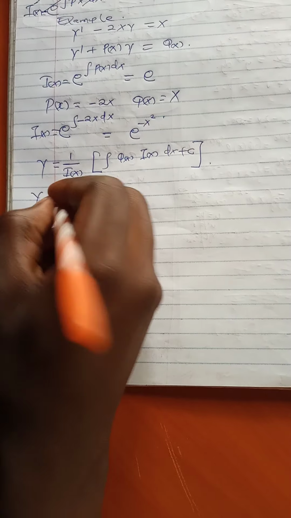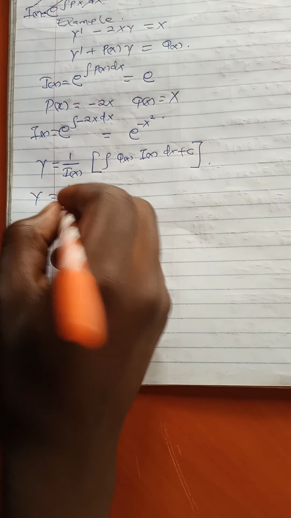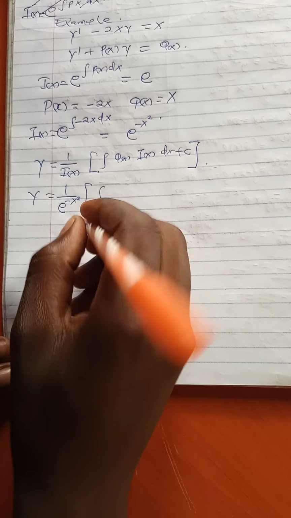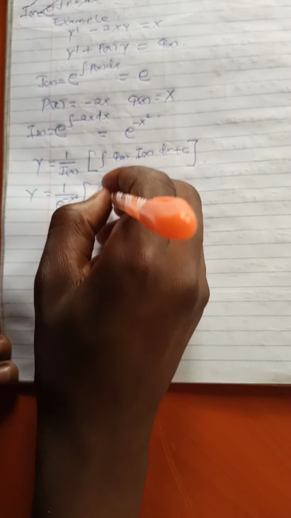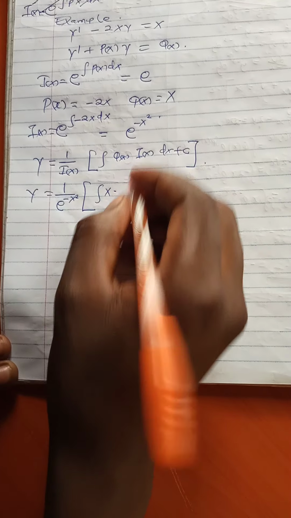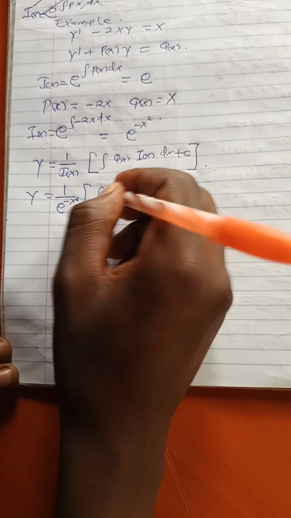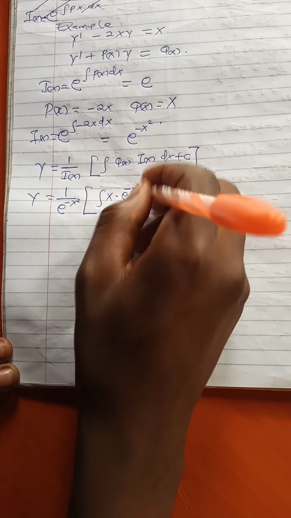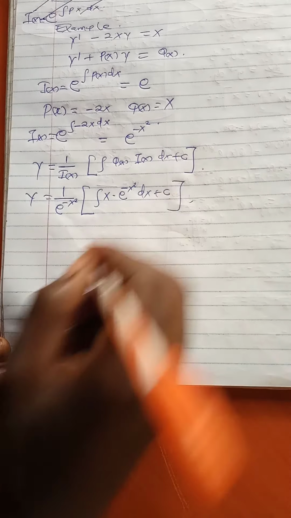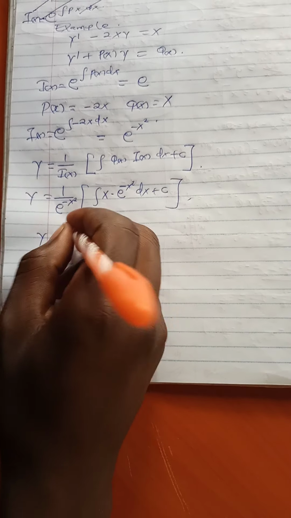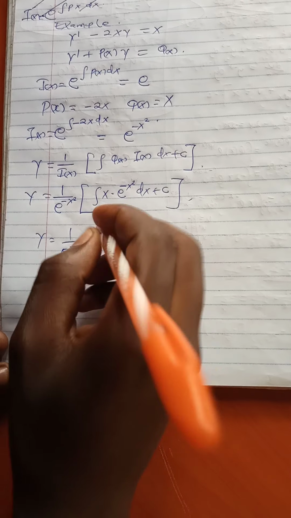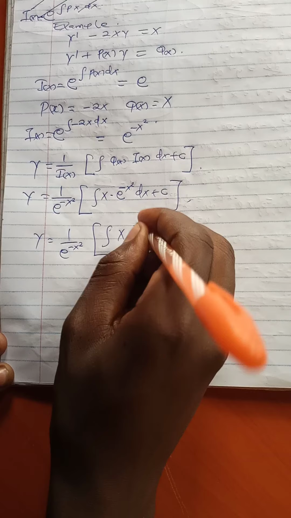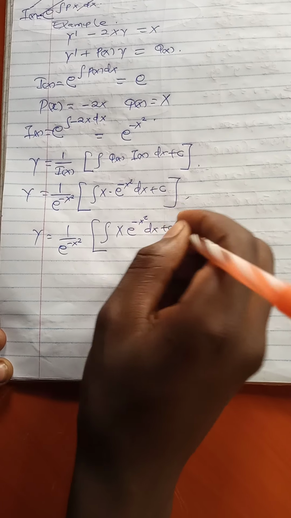This is the same as 1 over e to the negative x squared, times the integral of q of x, which is x, multiplied by the integrating factor e to the negative x squared dx, plus c. So y equals 1 over e to the negative x squared times the integral of x e to the negative x squared dx plus c.